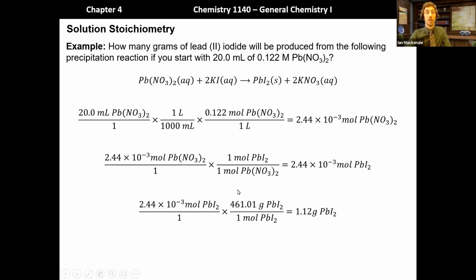So here, the molar mass of lead iodide is 461.01 grams per mole. I arrange it to cancel moles, multiply through to get me 1.12 grams of lead iodide. That is how we use solution concentration to relate to the balanced chemical equation and between mass of various substances.